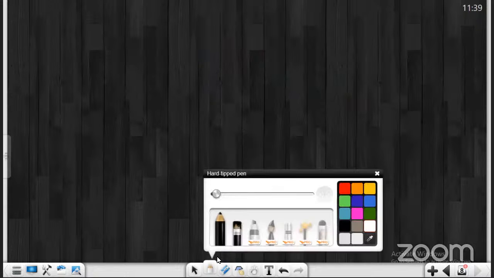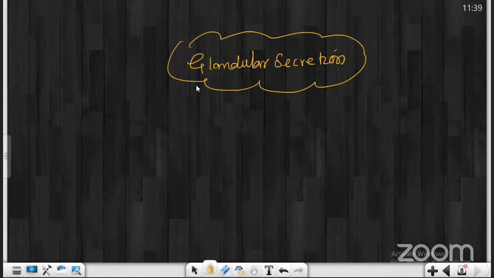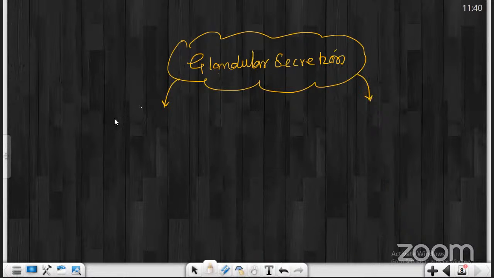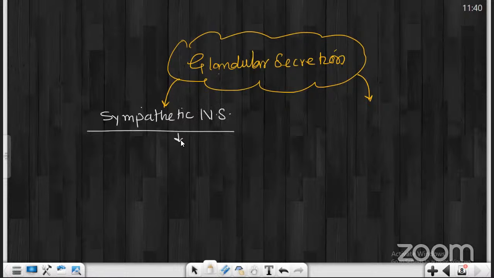Moving to the next part, that is glandular secretion, which is very important again. Various glands. In case of the sympathetic one, what happens?